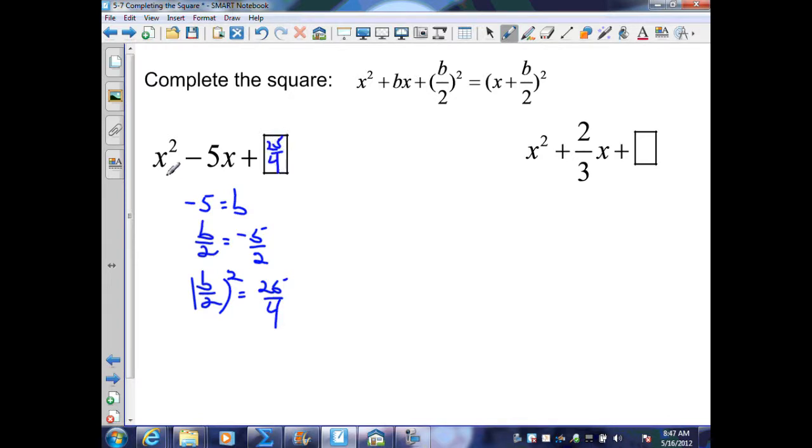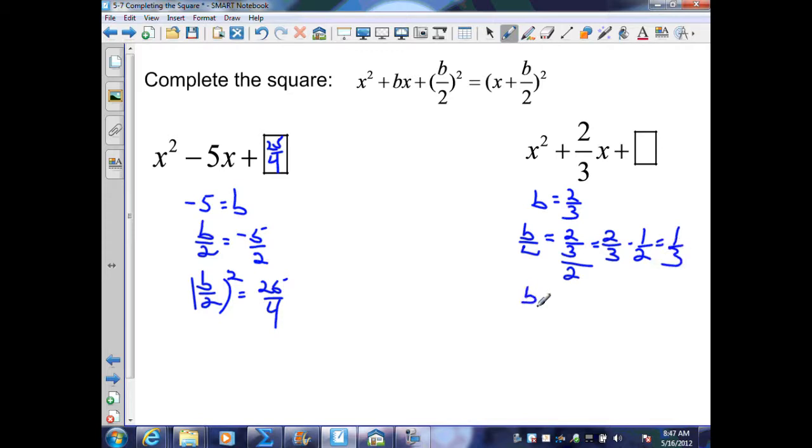Then I could write this as x minus 5 over 2 quantity squared. Here I have b, which is 2/3. I need to divide that by 2. It is going to give me 2/3 divided by 2, which is times 1/2, which equals 1/3.